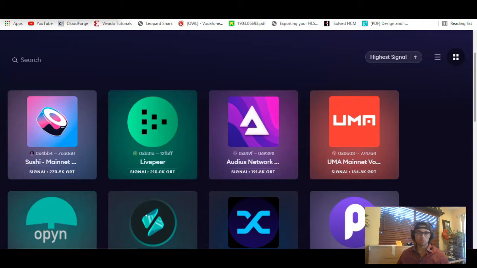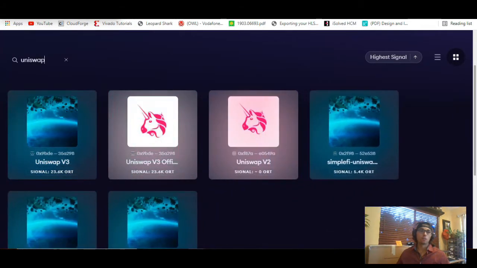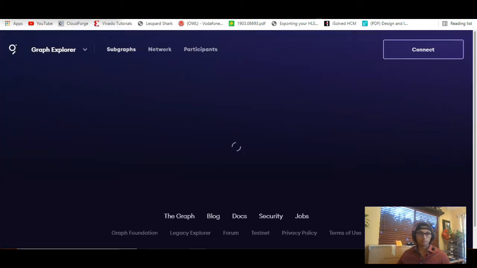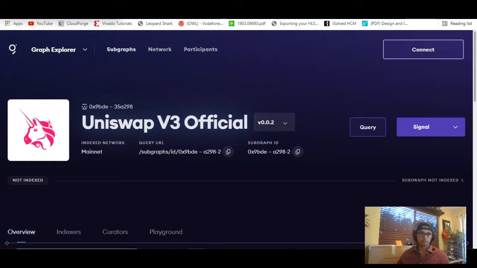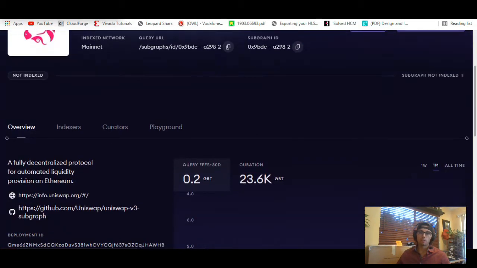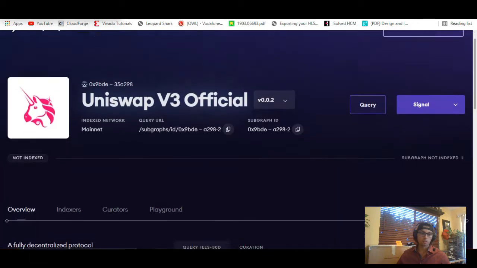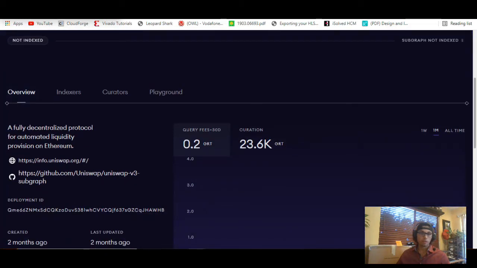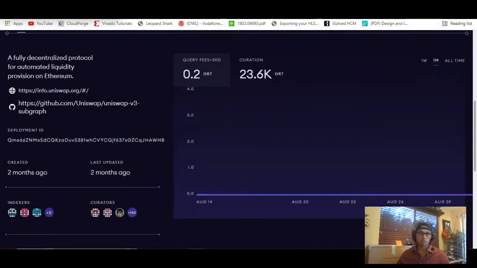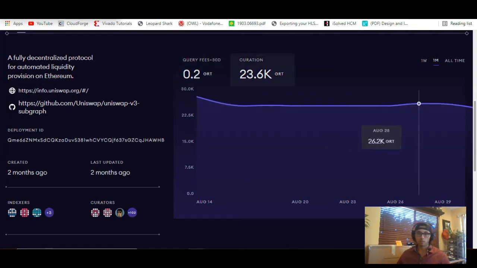So here we're just going to search, if we wanted to see the subgraph for Uniswap, if we wanted to query this subgraph, then we would hit query, and here's the query URL. I don't know how much it charges, but here are the 30-day query fees, and here are the curations of this subgraph.